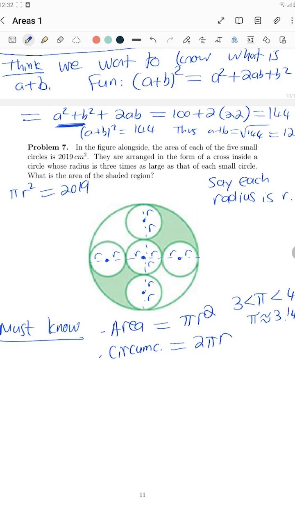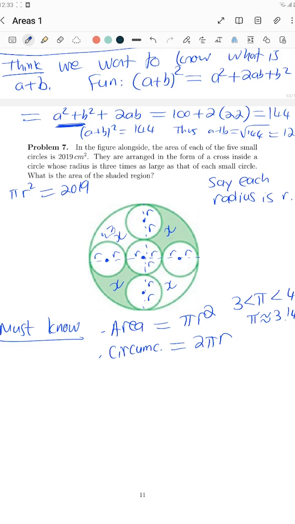Okay, now let's go back to the problem. They want to know the area of the shaded region. So let's call that part x, and let's call that part x. By symmetry, we know that this part over here will also be x, and this white part over here will also be x.